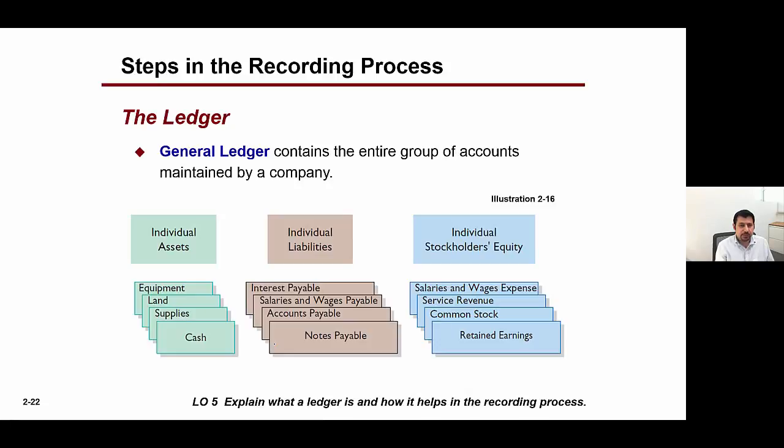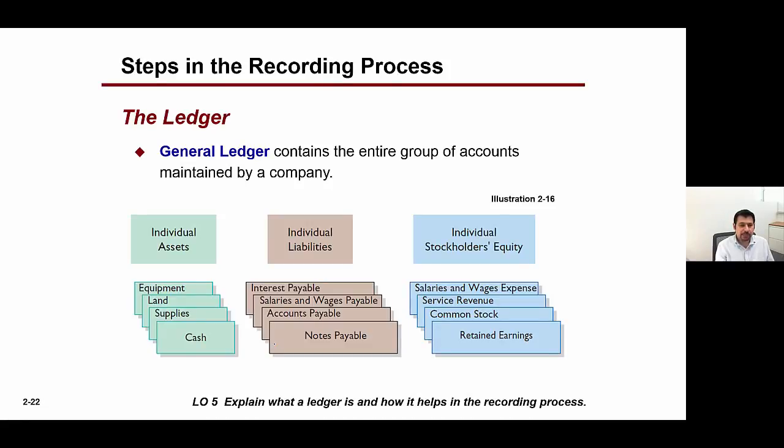However, all companies have the general ledger, and whenever we talk about the ledger in this course, we are talking about the general ledger.